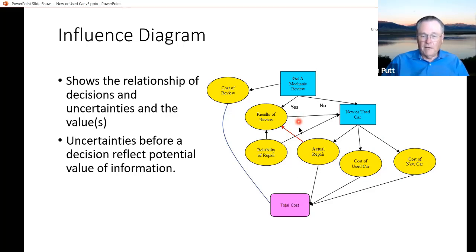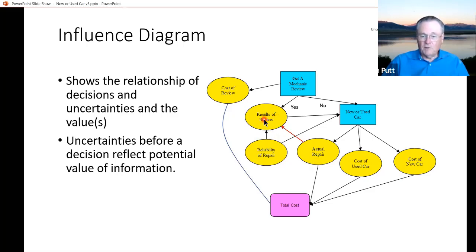On the other hand, if I get a mechanic review, there's a cost for that review. At the same time, I get the results of that review, and the results will depend upon the reliability of the repair. We should actually say the reliability of the inspection. The actual repair will also impact the results of the review, and that's how the Bayesian probability matrix works when you start to invert it.